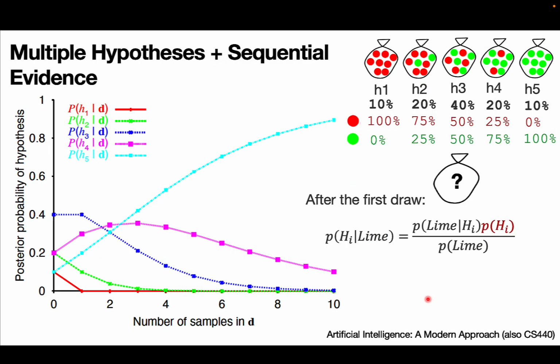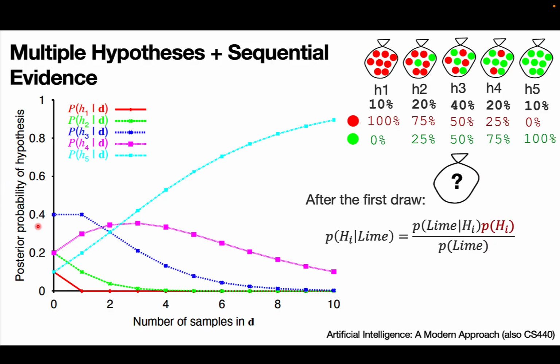To simplify things and without loss of generality, we wrote a Python script, computed these probabilities, and plotted the answer. As you can see, we have 10 draws on the x-axis, and we have the computed posterior probability for each draw.